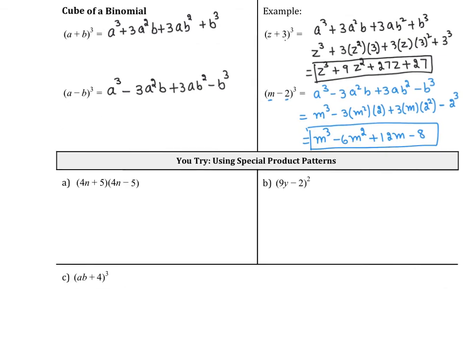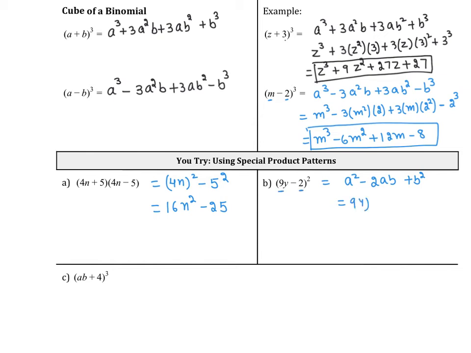So the first one is a plus b times a minus b. So you're going to write down 4n square minus 5 square. That's going to be 16n square minus 25. Second one is a square minus 2ab plus b square, where a is 9y and b is 2.